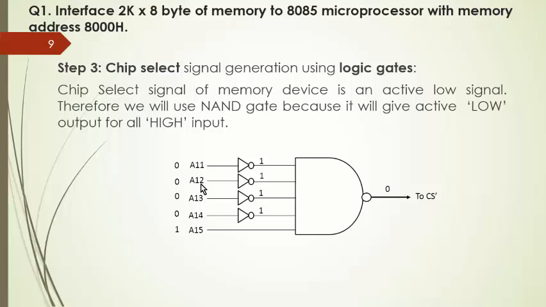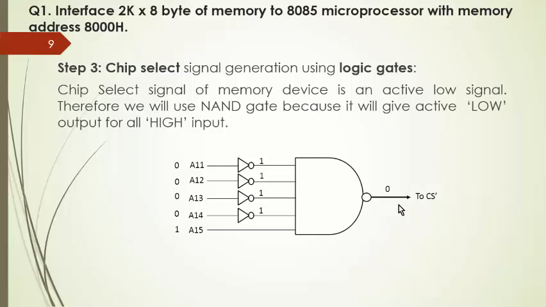Therefore it is required to connect inverters or NOT gates in between NAND gate and inputs. Okay, so the A11 pin is connected as input to the NOT gate, and from this NOT gate you will get logic 1. In the same way, for A12 again we require one more NOT gate, for A13 also, and for A14 also we will connect the NOT gates.